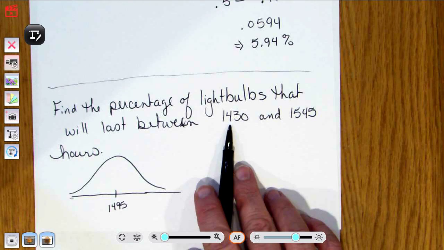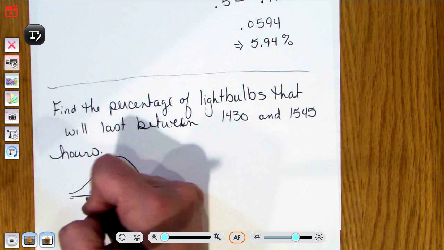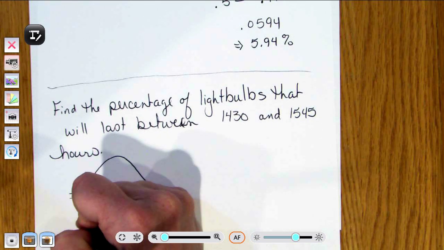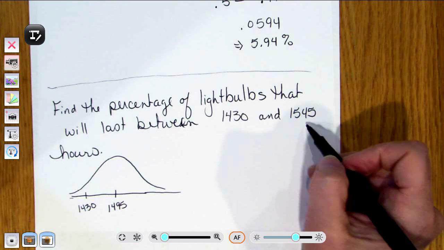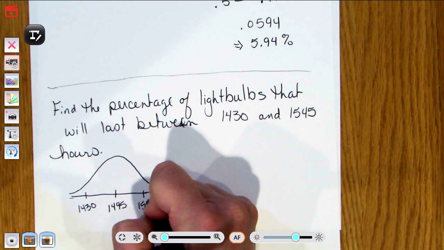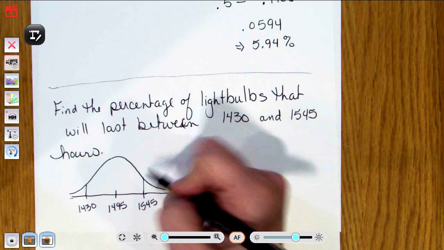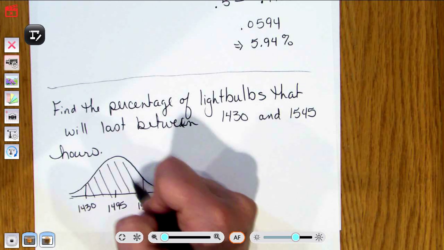Then I'm going to put these values in reference to this 1495. So 1430 is on this side because it is smaller. 1545 is on this side because it is bigger. And we want to go between. So I'm going to draw these little lines and I'm going to shade between.